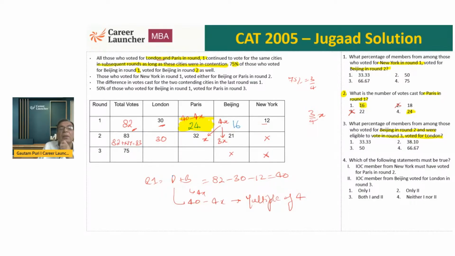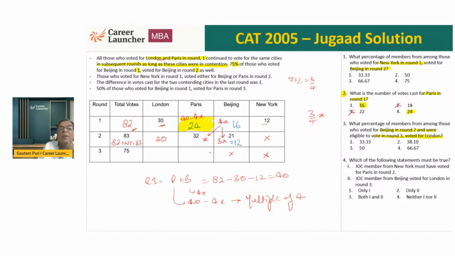Okay. Now, what does it say? Out of these 4x people, or 16 people, who voted for Beijing in round 1, 75% or 3/4 voted for Beijing in round 2. So 3x should be equal to 3/4 of 16.